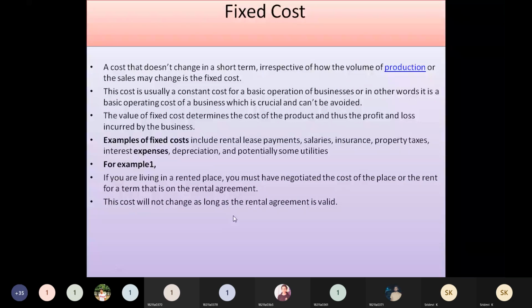And this is going to change after 1 year or after a fixed lease period. Only then will this rent change. Till the period of agreement, the rent is not going to be changed. That comes under the fixed cost.